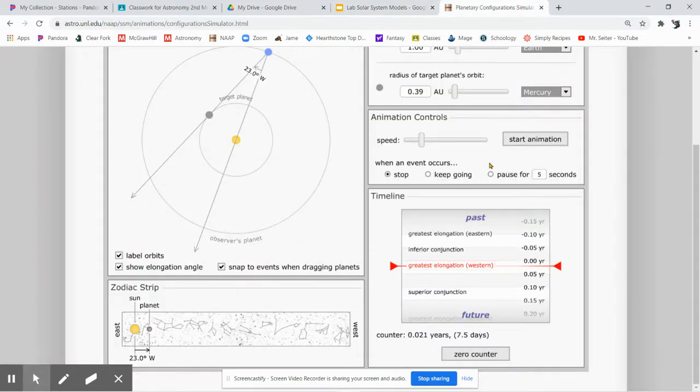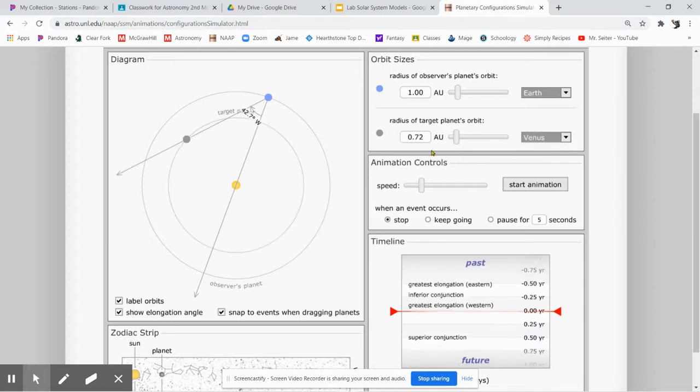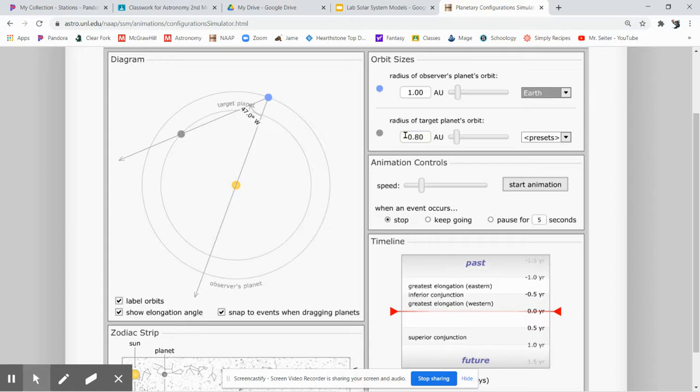Sure, let's do that. If Mercury is 0.39, what's Venus? Venus is 0.72. So let's make a one, I don't care, 0.8. There, 47 degrees. Now, Venus was 46 degrees.